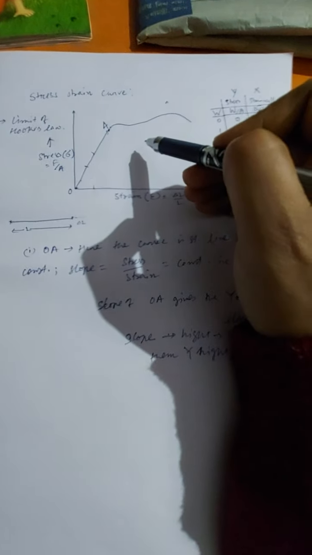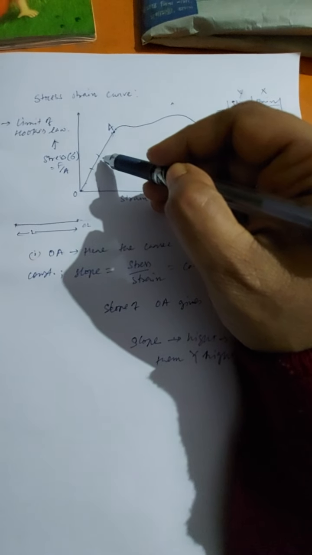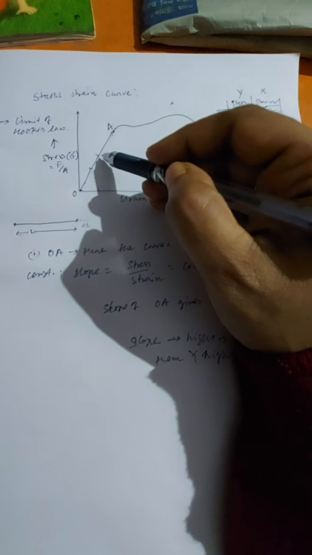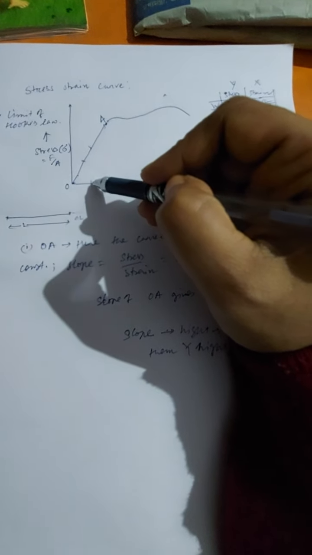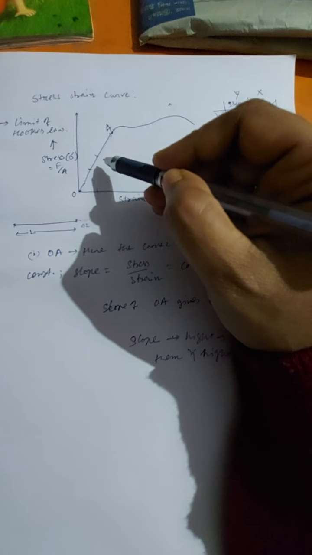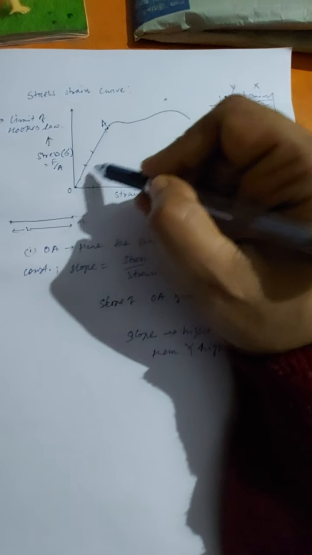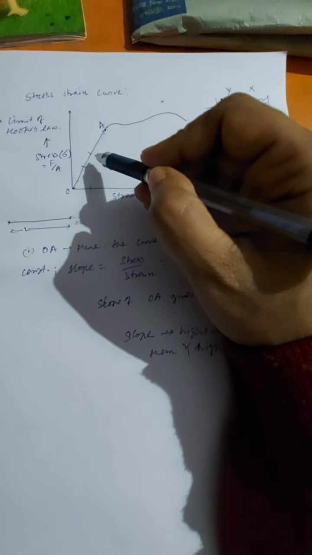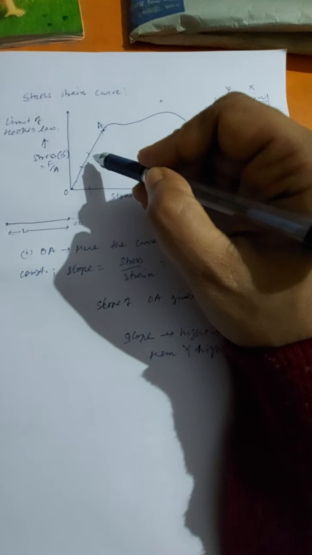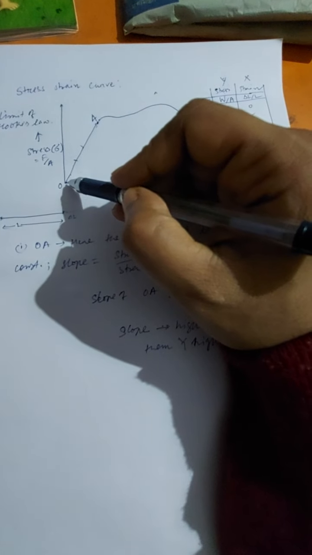If we remove the stress, that is, unload the wire by removing the weight, what will happen? The strained wire, which was L plus delta L, will again get back to length L. That is, the strain is recovered and the wire gets back to its original length.